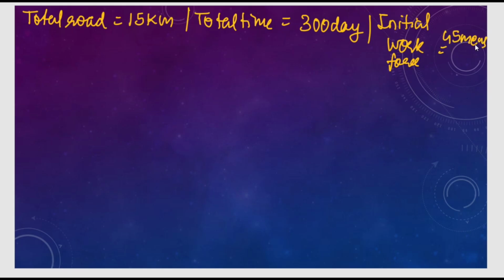Yes, ma'am. 45 men. Okay, now see, in all these things I will take out this 100 days, na? In these 100 days, how much kilometer road is completed? Only 2.5 km is completed. In 15, only 2.5 is completed in 100 days. Means how many days are left, beta? 200 days. Yes, ma'am.